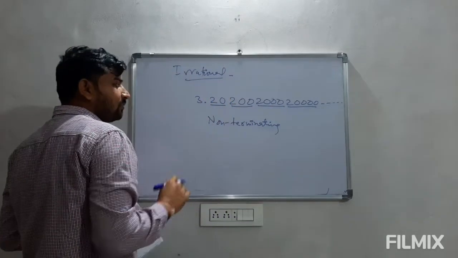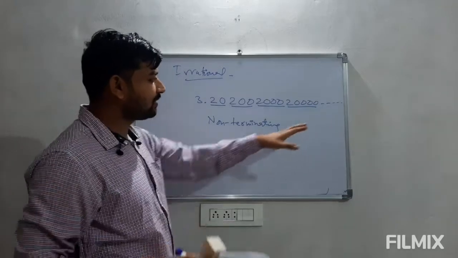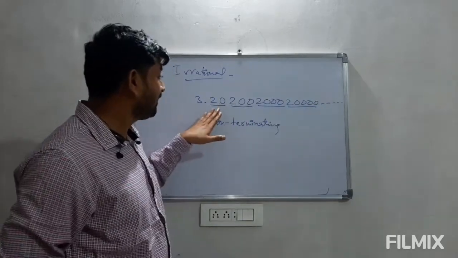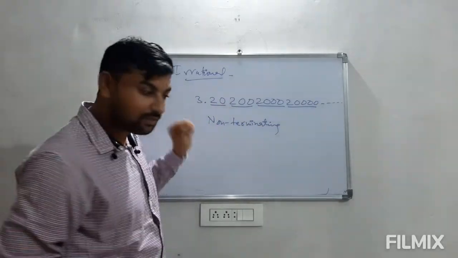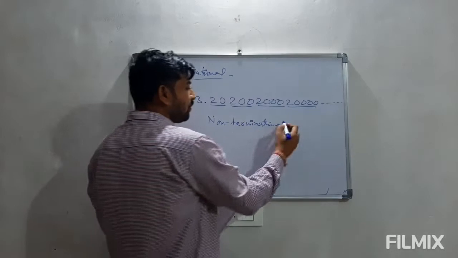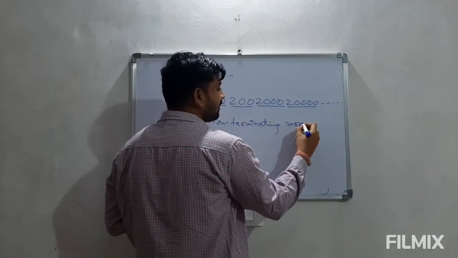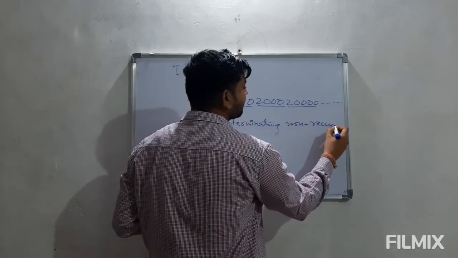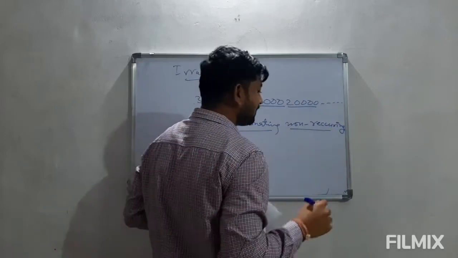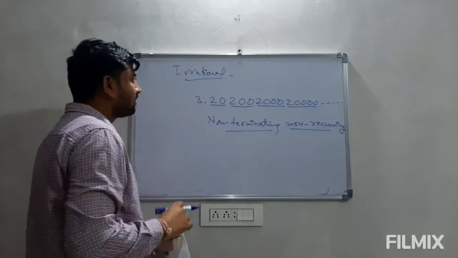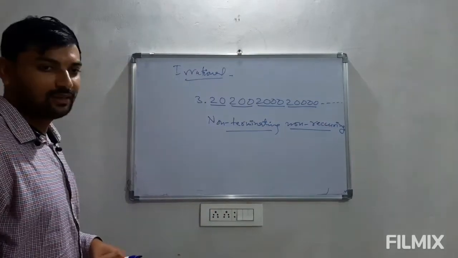So this kind of decimal expansion is non-terminating first. Second thing, here we are not getting any digit which is being repeated. So that is why this is called non-terminating as well as non-recurring. So this is all about the decimal expansion of real numbers.